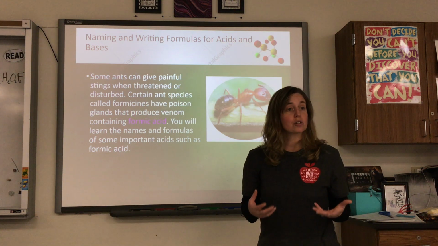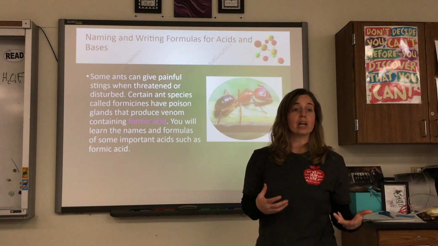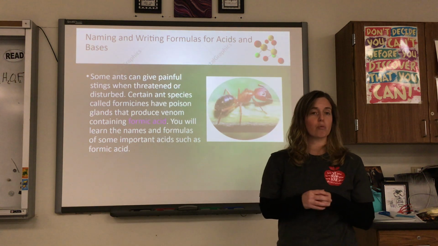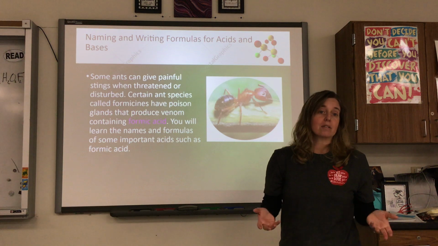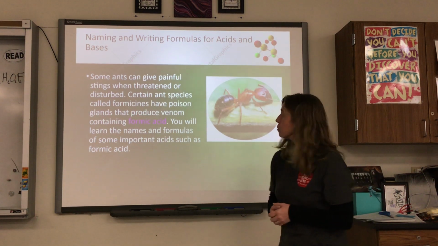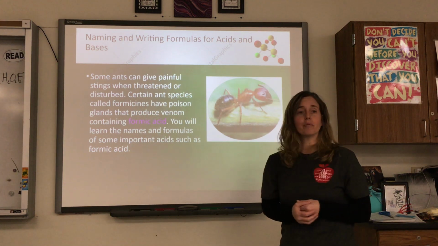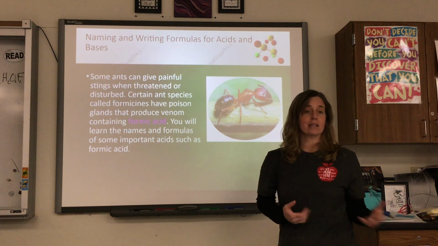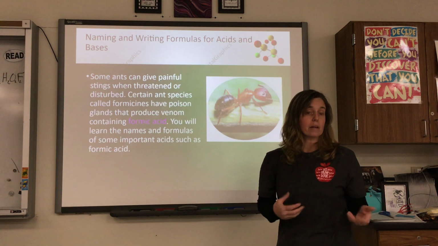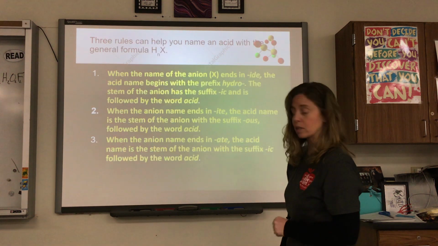So in all actuality, when they bite you or sting you, they're injecting you with formic acid, which burns. It'll turn red, and it's very painful because they're actually putting acid on your skin or inside of you. So just to give you a little idea of what some acids are, insects actually do have acid that they can use when they're threatened. So that was just something interesting to know.